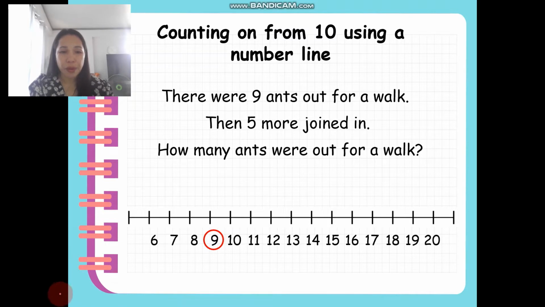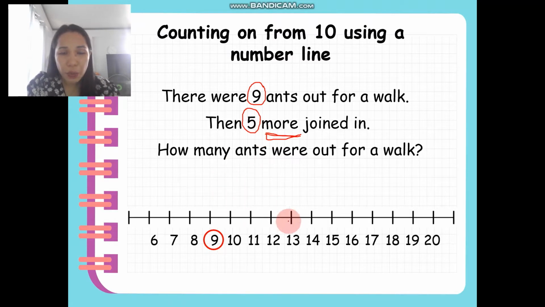Okay, so we have to remember, we have to circle this number because that would be our focus for today. And notice the word more. So if you hear the word more, or if you can read the word more in a sentence, that means we are adding or we are counting on.